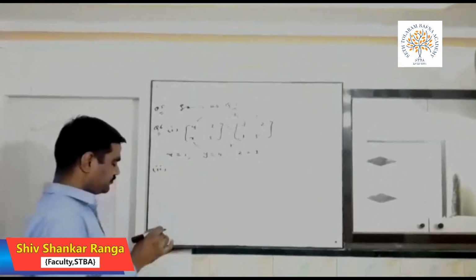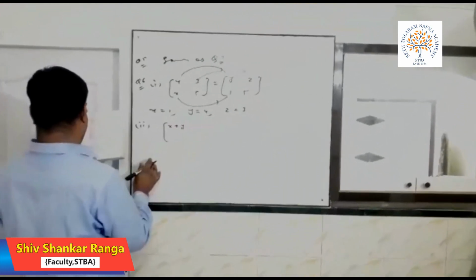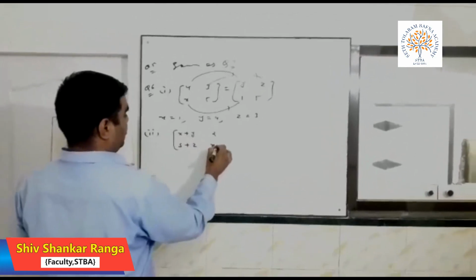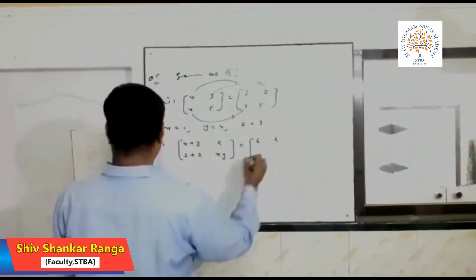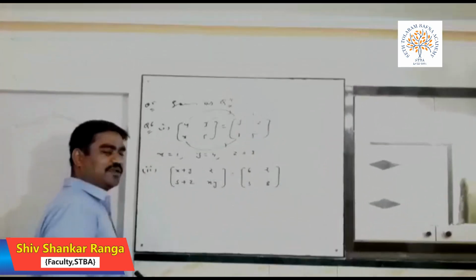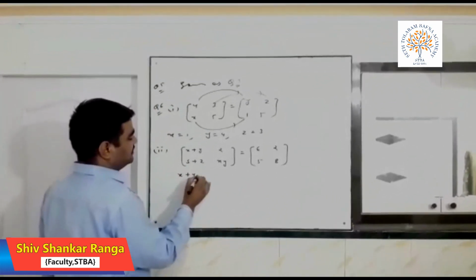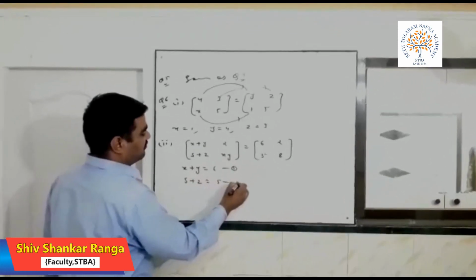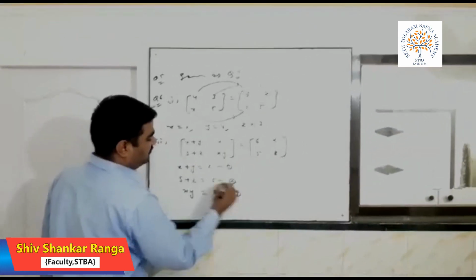Second part: x plus y, 2, 5 plus z, xy is equal to 6, 2, 5, 8. Order 2 by 2 is the same, then corresponding elements are the same, same as the first part. So x plus y is equal to 6, equation first. 5 plus z is equal to 5, equation 2. xy is equal to 8, equation 3.